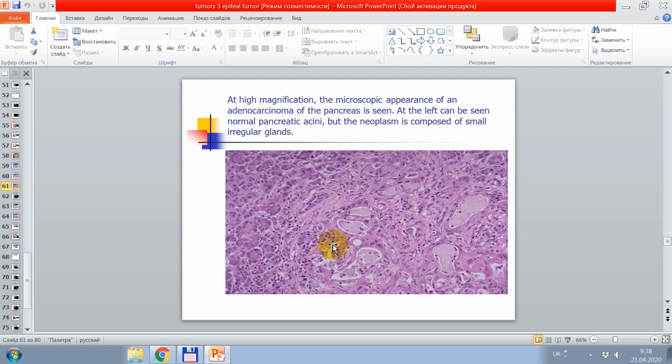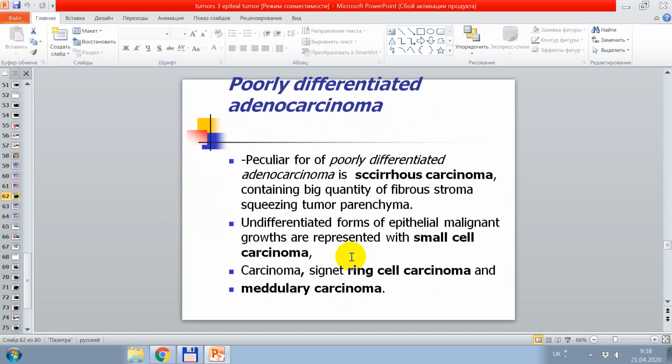This histological picture at high magnification shows the microscopic appearance of adenocarcinoma of the pancreas. At the left can be seen normal pancreatic acini, but the neoplasm is composed of small irregular glands. Poorly differentiated adenocarcinoma is peculiar for sclerosed carcinoma, containing a big quantity of fibrous stroma squeezing the tumor parenchyma.